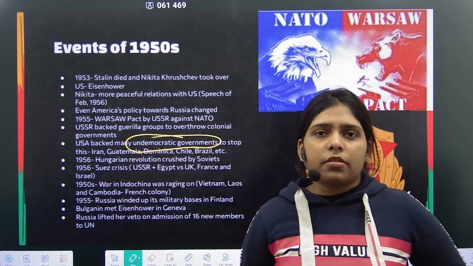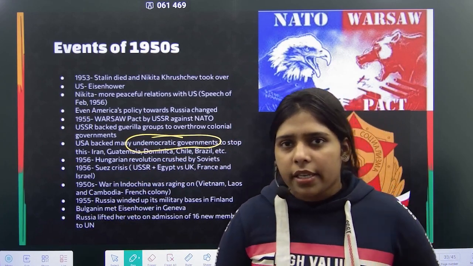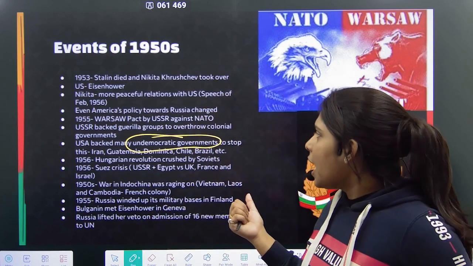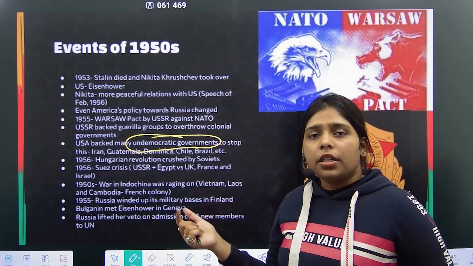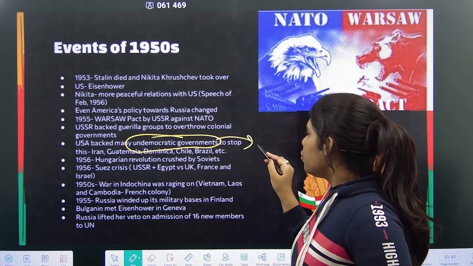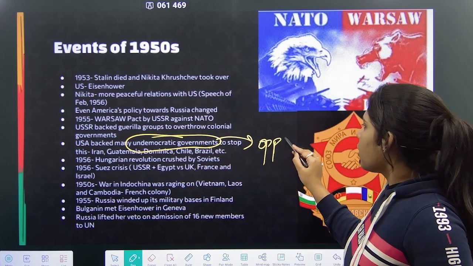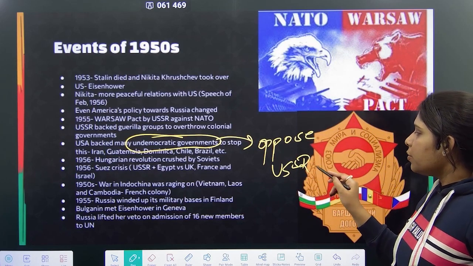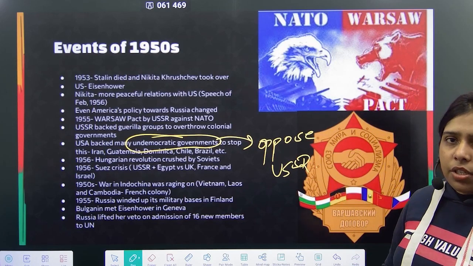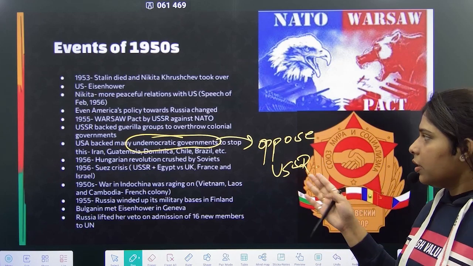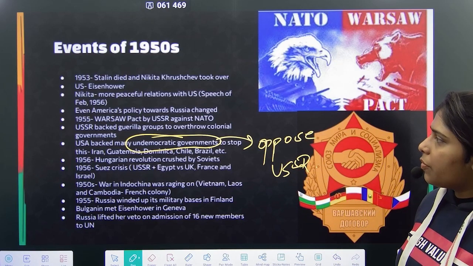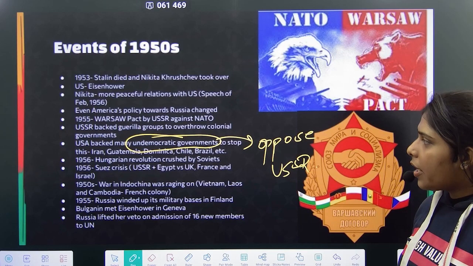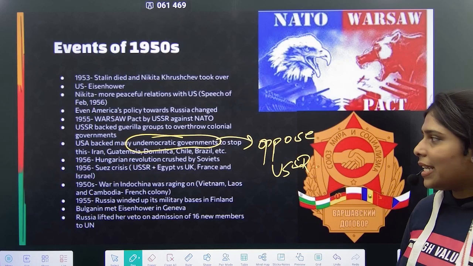USA propagating democracy, backing undemocratic governments just to oppose USSR and its spread of communism. It was using a tit-for-tat method to stop communism from spreading. Okay, so the US did this in Iran and Guatemala, Dominica, Chile, Brazil, etc.